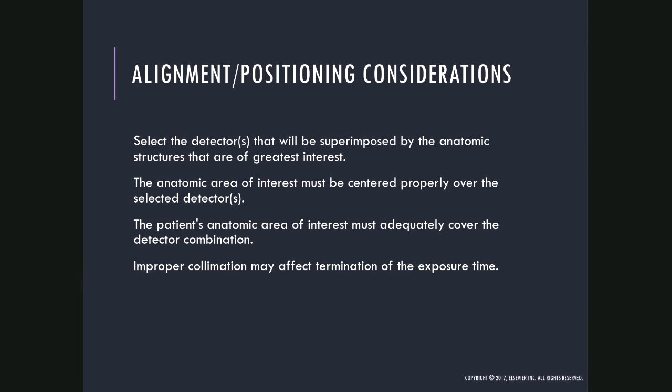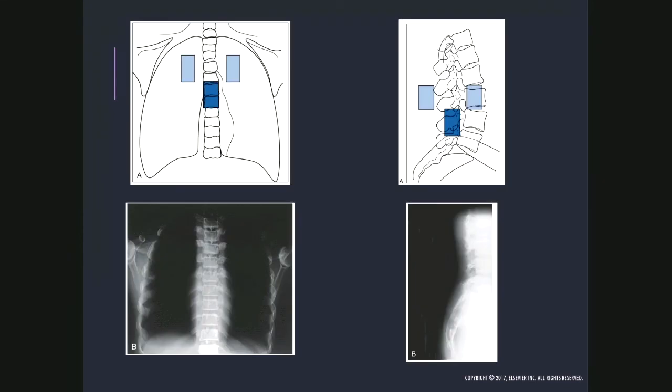We learned about that with our scatter control, but also if you're dealing with, let's say you selected all 3 cells and you have collimation in tighter than the outer cells, that's going to throw off how well your AEC works. This picture just shows some of that.